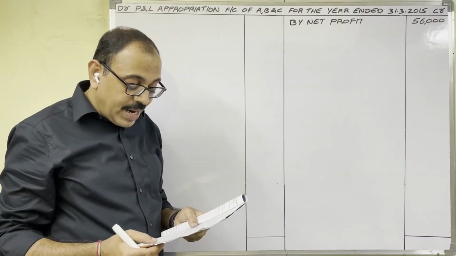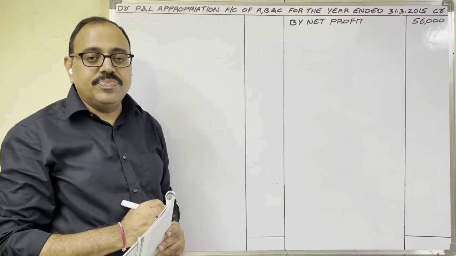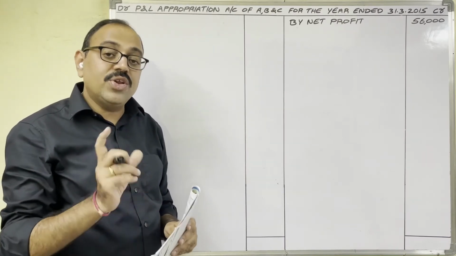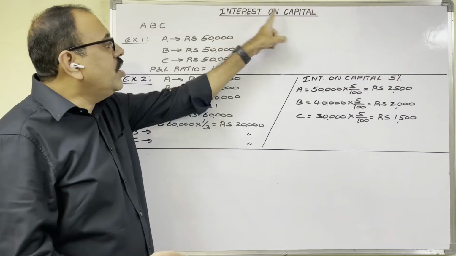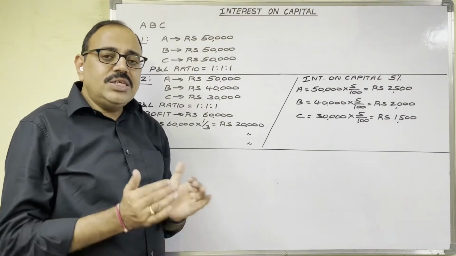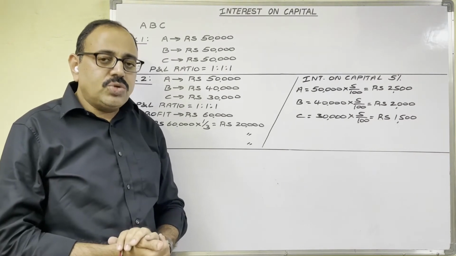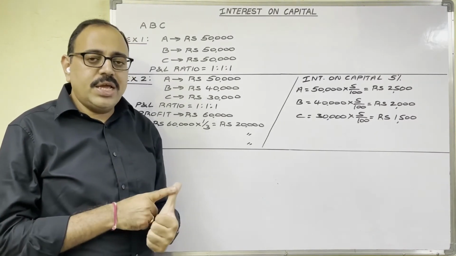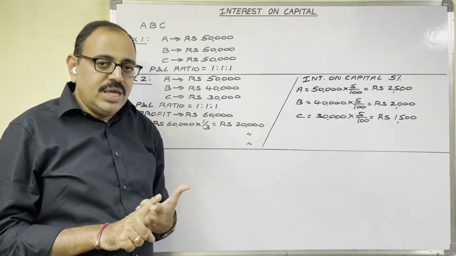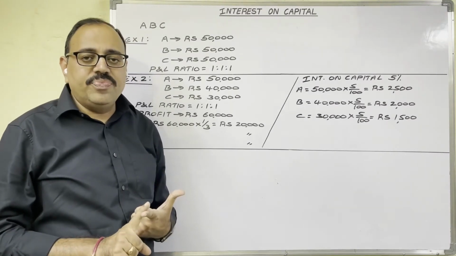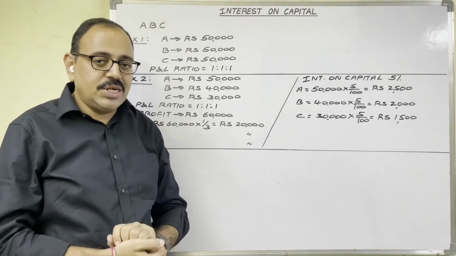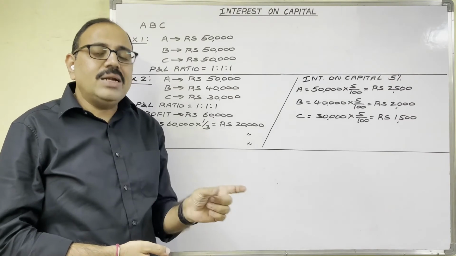Interest on capital at the rate of 8% per annum. You should know some points about interest on capital. A partnership business comes into existence with one agreement. That agreement may be an oral agreement or a written agreement. If the agreement is in written form, then the document is known as the partnership deed.